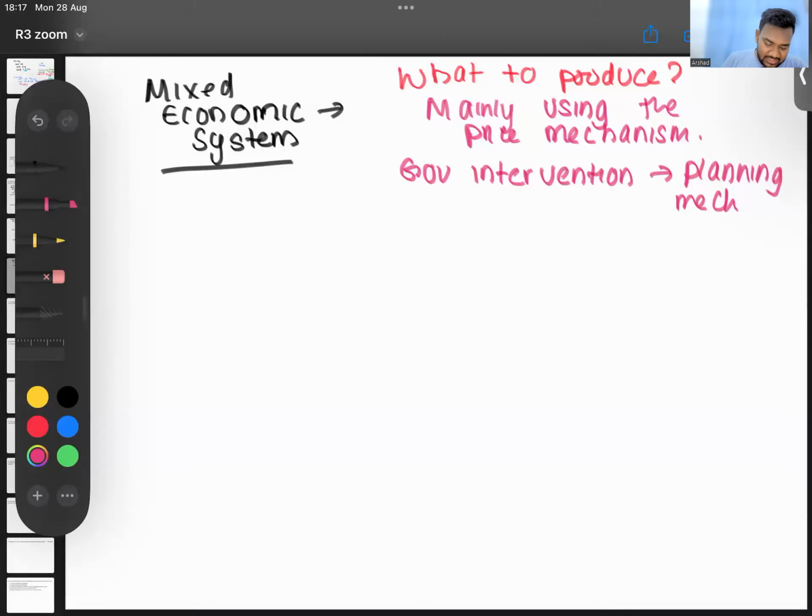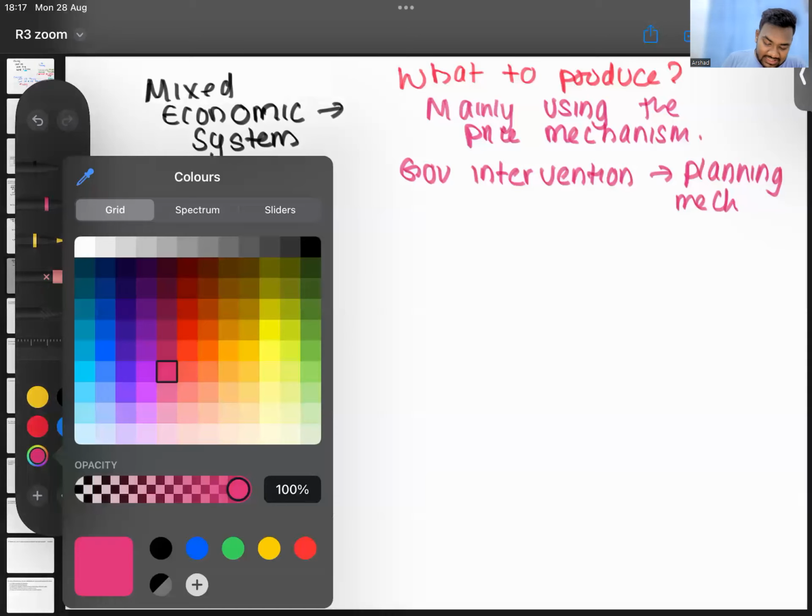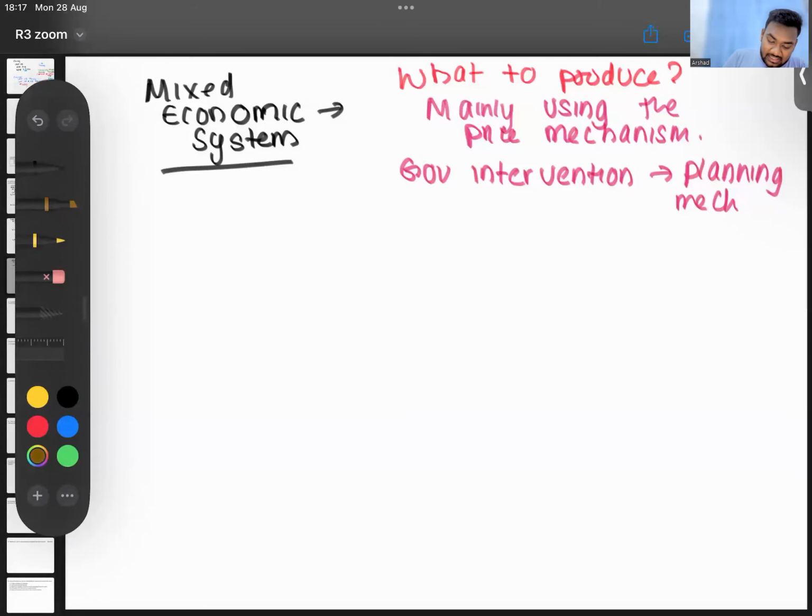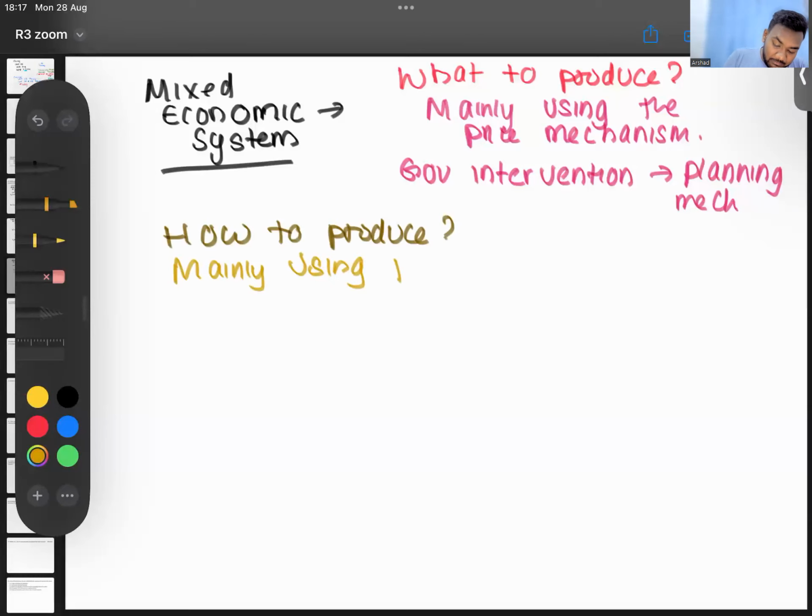Then the next one, how does this happen? The how to produce. Again, you can say mainly using the price mechanism.